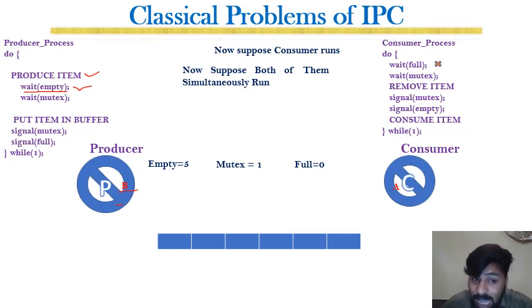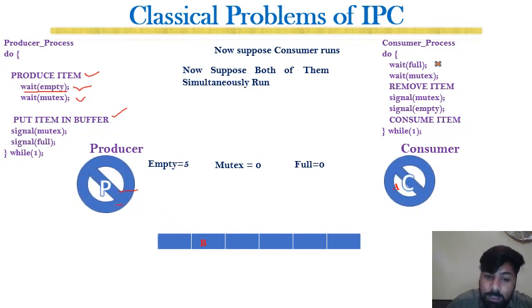All right, and as the consumer process has been blocked, the producer will proceed and call wait on mutex. Mutex value is 1, and once wait is called, its value will become 0. The third thing is that it will put the item on the buffer. So B will be put on the buffer.